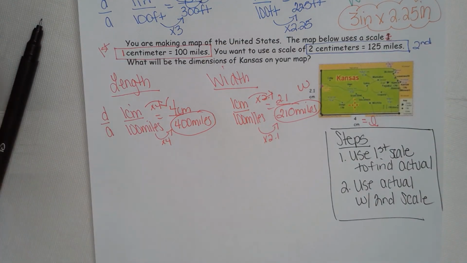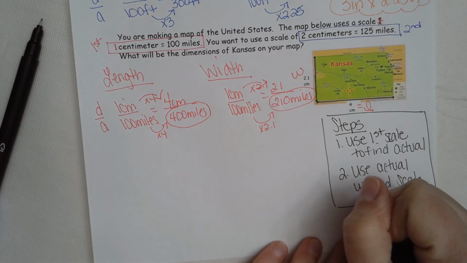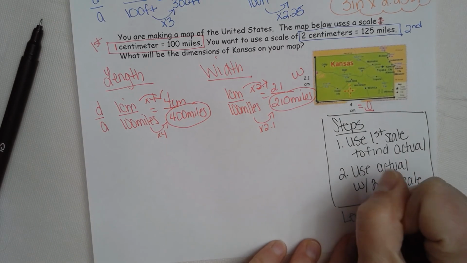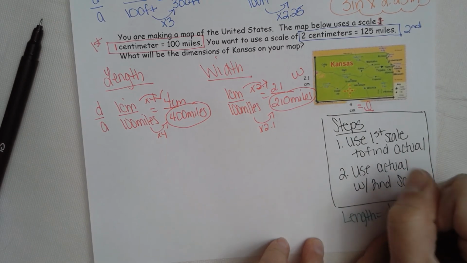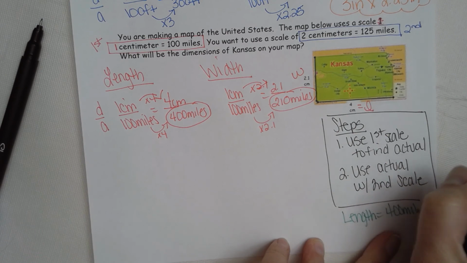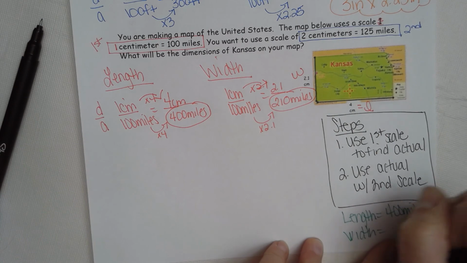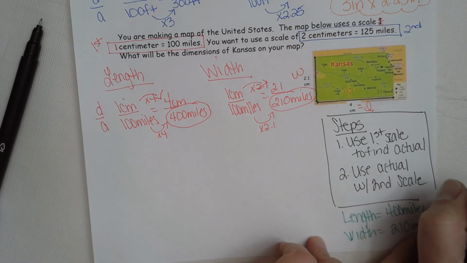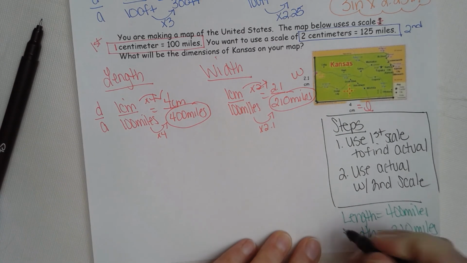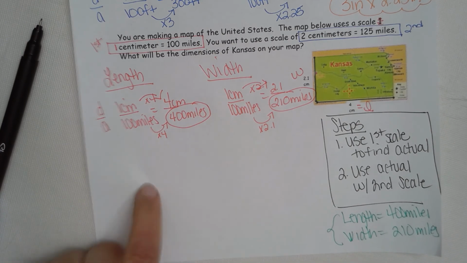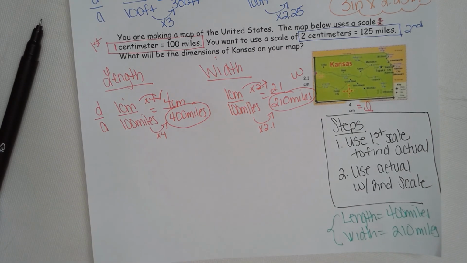Okay, so now we know that, I'm going to put this down here. So we have our length is 400 miles. Our width is 210 miles. And I'm going to use this in our new scale.